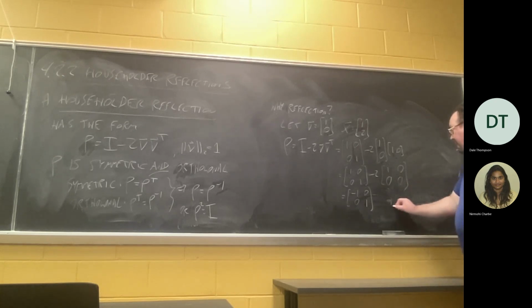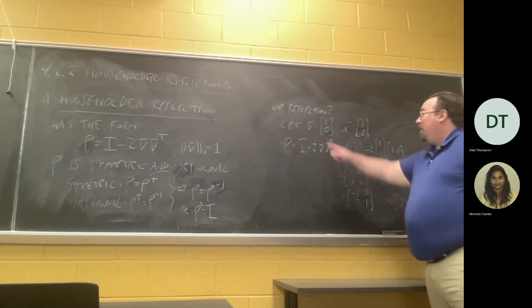So P times X is just going to negate the first element of X. This is what P would do in general to any vector you apply it to. It's just going to negate the x component. That's relevant because what is V here?